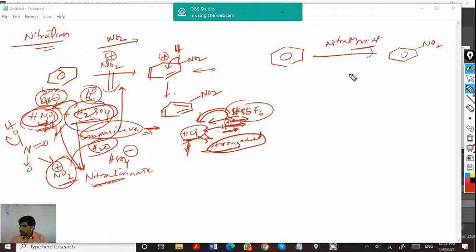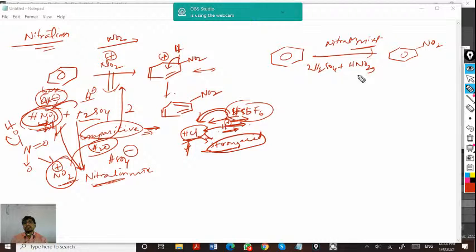So one more question: how many molecules of H2SO4 are used per one molecule of HNO3? It is 2 moles of H2SO4. So the overall reaction will be 2 H2SO4 and HNO3.